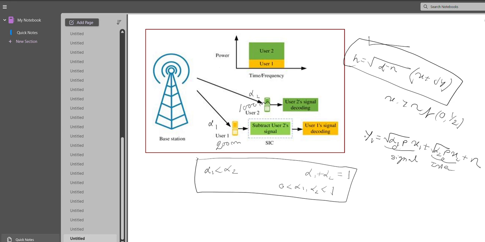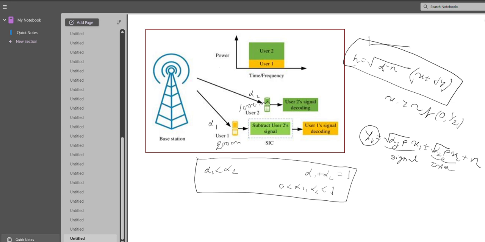Now, user 1 needs to eliminate this interference effect coming from user 2, and this interference has higher power than the signal power because alpha 2 is greater than alpha 1. In the SIC step, at first user 1 will directly demodulate this y1.